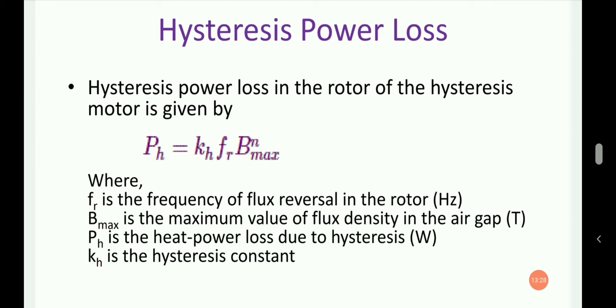Bmax is the maximum value of flux density in the air gap, unit is Tesla, or we can write Weber per meter square also. PH is the power loss due to hysteresis, unit is watt, and KH is the hysteresis constant.